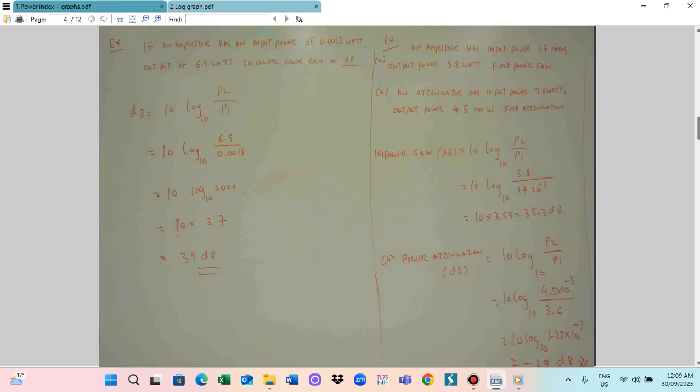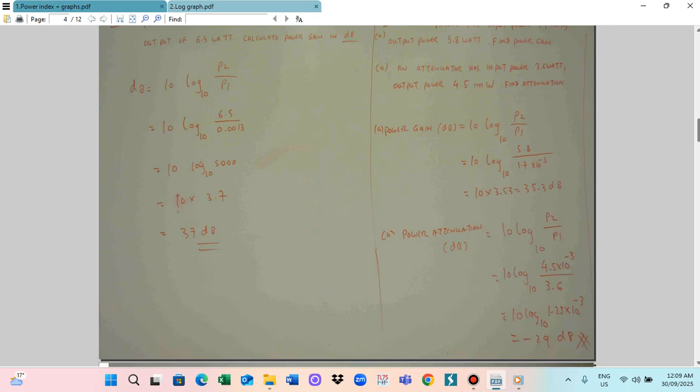And for the second one, you can calculate the power attenuation. The unit will be dB. So again 10 log 10 P2 by P1, where P2 is 4.5 milliwatt, which is 4.5 times 10 power minus 3, and P1 is 3.6.